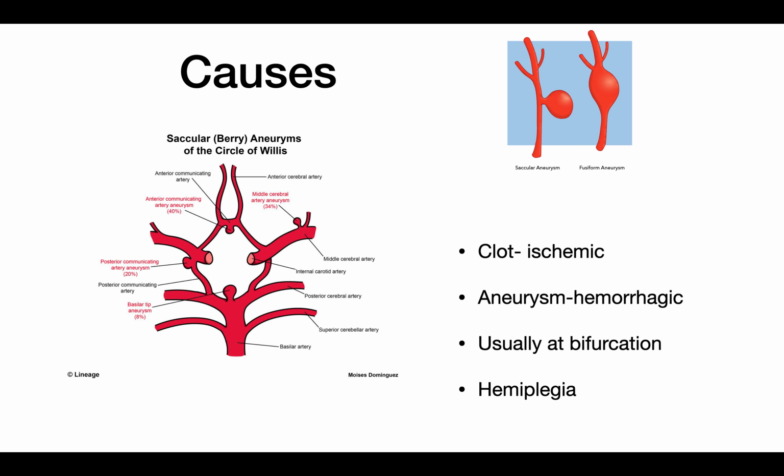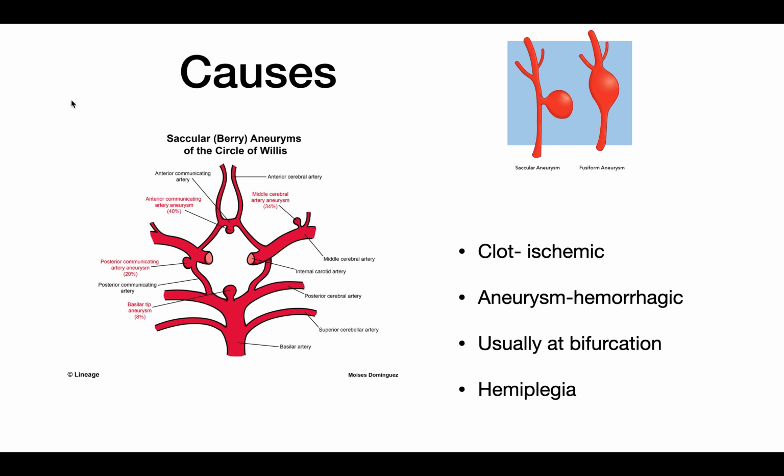So the causes can be varied. They can be due to thrombosis that will cause ischemic infarction, or an aneurysm, which can burst, and that can lead into a hemorrhagic stroke.